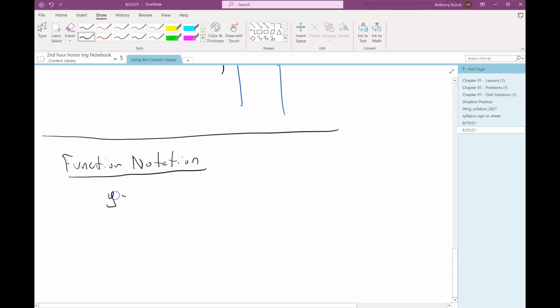When I say function notation, I mean like y equals f of x. Which is basically just saying that y is the value of f at x, right? Is kind of what that symbolically is implying.